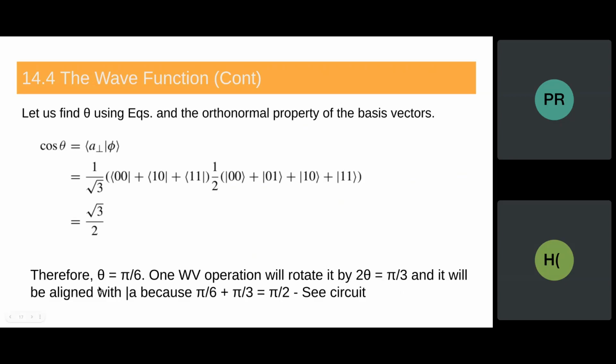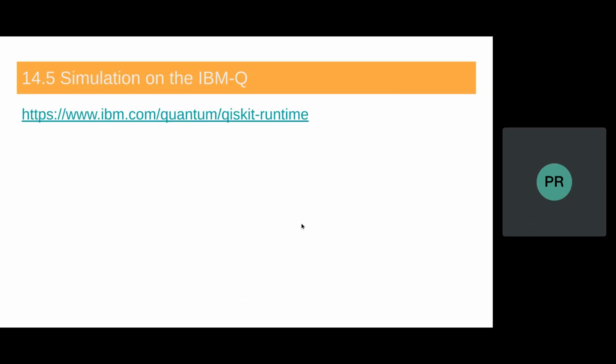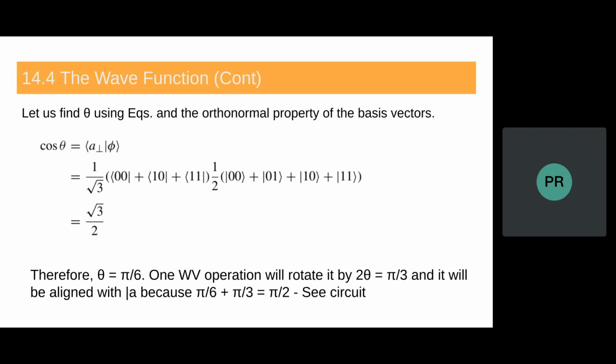So it will be aligned with ket A. This should be ket A, because it rotates pi by 6 to start with, plus pi by 3. Pi radian is 180 degrees, so pi by 3 is 60 degrees.